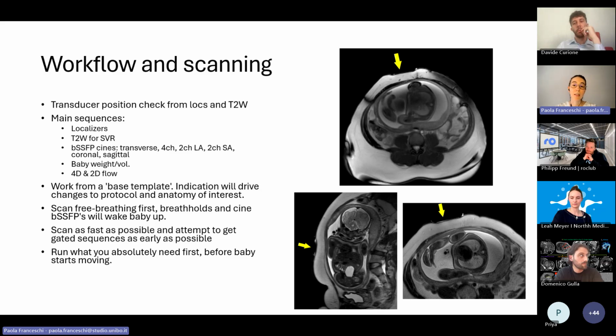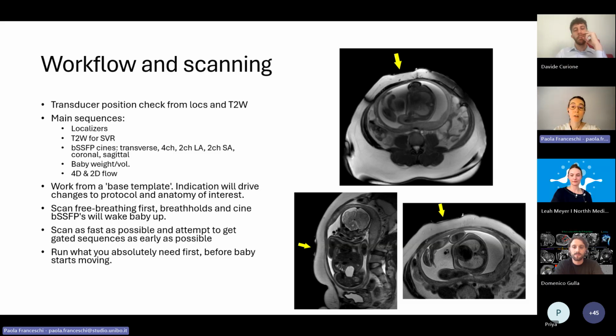When the fetus moves significantly, we usually try to acquire non-gated sequences. That said, sometimes it's actually better to just pause and wait, because even non-gated images can still be affected by motion. In terms of acquisition, we typically collect multiple T2-weighted stacks for slice-to-volume reconstruction. Then we acquire cine images in selected planes tailored to the specific clinical question.